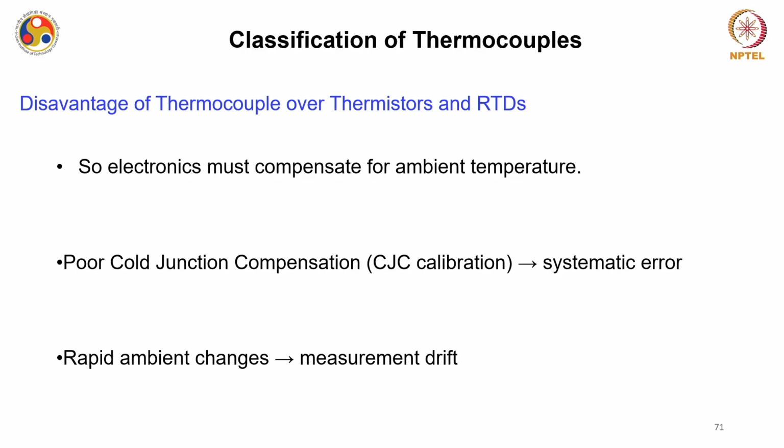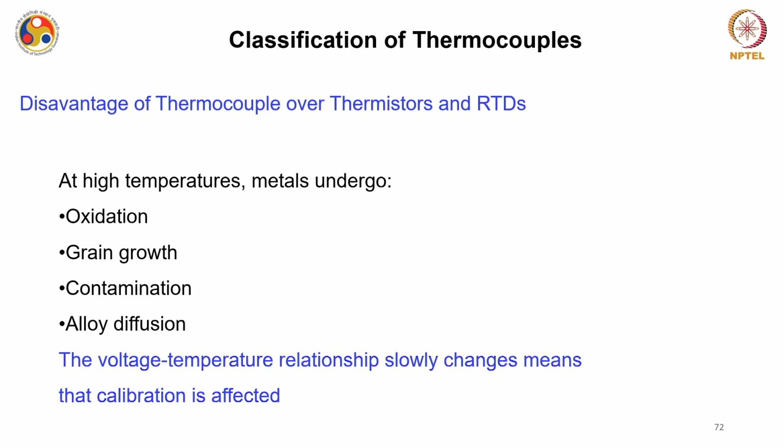Okay, and poor cold junction compensation calibration in thermocouples will lead to systematic error. And rapid ambient changes will definitely lead to measurement drift, and these things have to be compensated.